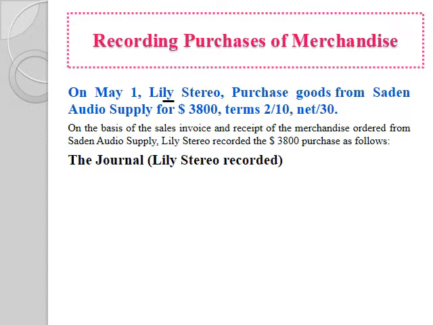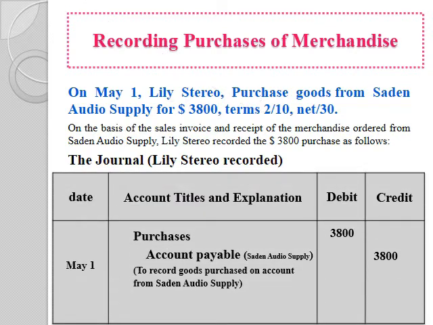Lily purchases goods, so purchases increase, so record in the debit side. Normal balance of purchases is debit, so record in the debit side, $3,800 in the debit column.